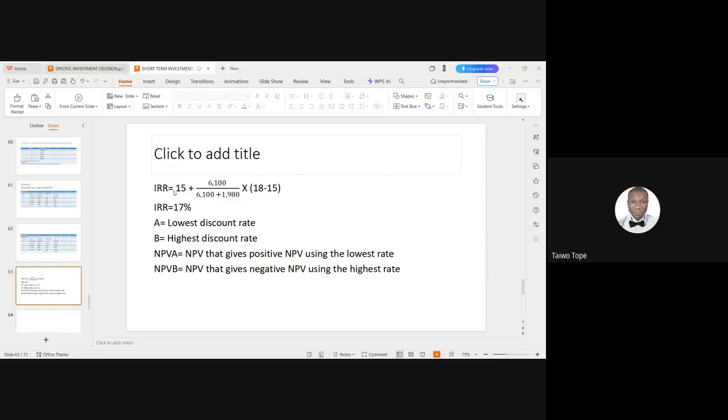One thing we must know is that cash flow is one of the variables required in determining the financial viability of a project using discounting techniques such as NPV and IRR.